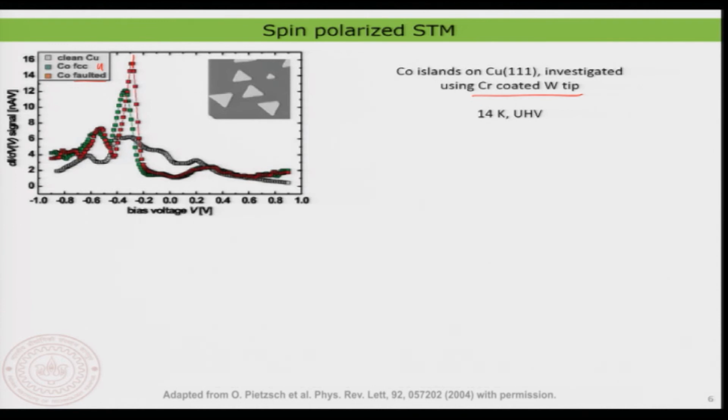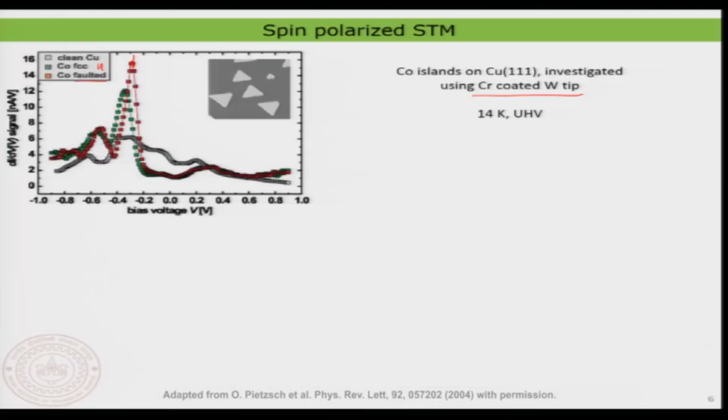That means only when the spin of the tunneling electron from the tip and that of the surface are matching, you have a high intensity, and that is exactly what you are seeing here: faulted islands show a much higher intensity compared to the unfaulted island. That of course also depends on the magnetization of the tip, because if the magnetization of the tip is reversed, then these two, green and red, would again shift with respect to each other.